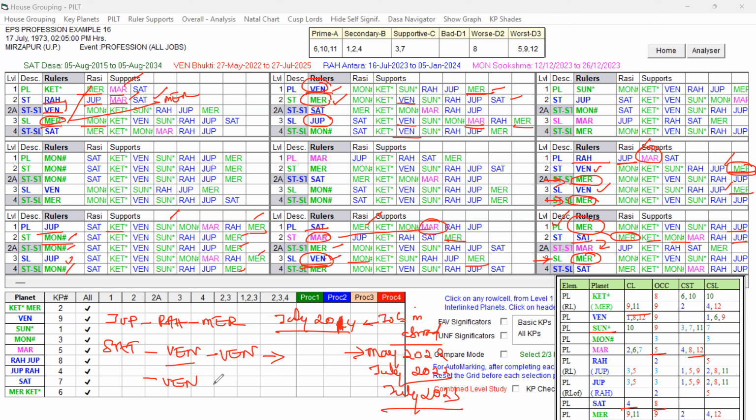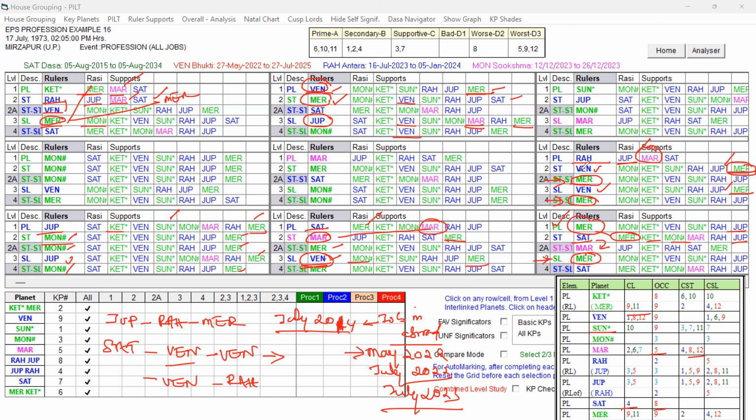During that period, Venus Bhukti Rahu Antra was running, when his contract was going to end. Check the Rahu Antra. Rahu is indicating some changes, and at star level and sub level, Venus itself is playing.